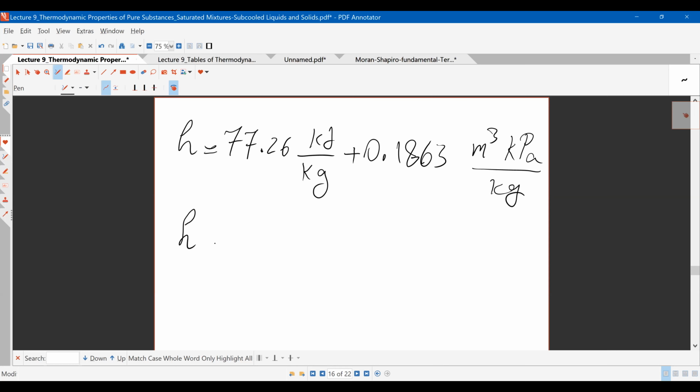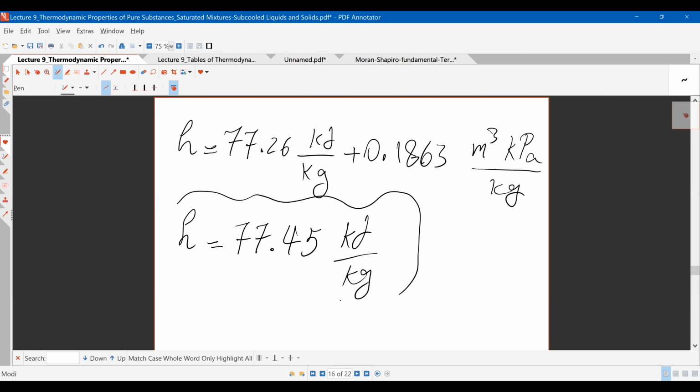So H equals, I can sum them up, and it will be 77.45 kilojoules per kilogram. This is a more accurate estimate of the enthalpy, and as you see, the difference is less than 1%. Maybe just a few points of a percent. We can do the calculation.